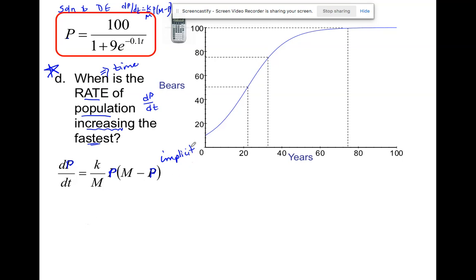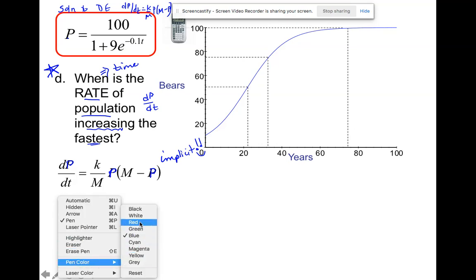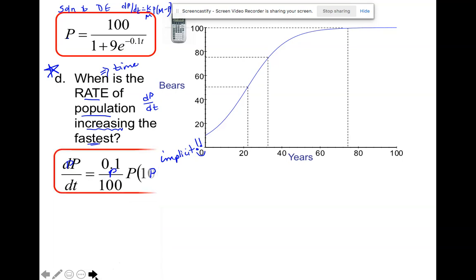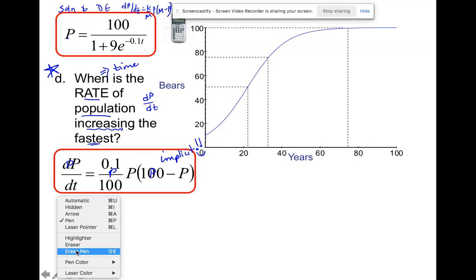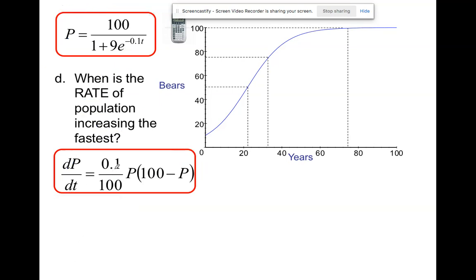Implicit differentiation. So remember, K over M is just a constant. So here is my derivative with my constants plugged in. dP/dt, this was my K, 0.1, it was really 0.09, blah, blah, so I stored that value, over 100 times P. This is my M.